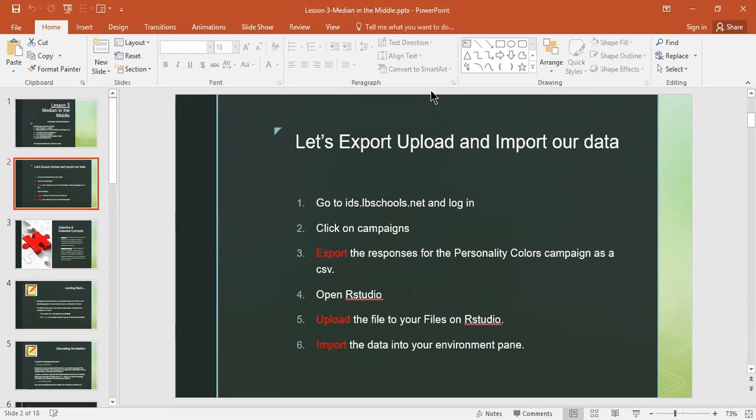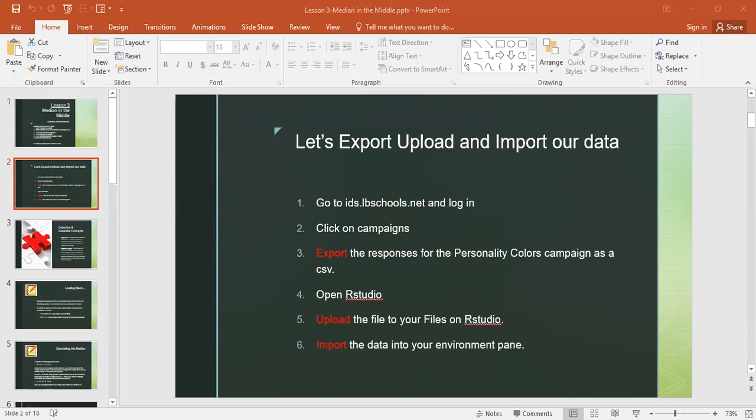Once we've downloaded and exported that, we're going to open RStudio. We're going to upload that CSV file into our files in RStudio, and then import that data into our environment pane. We're going to do that together.